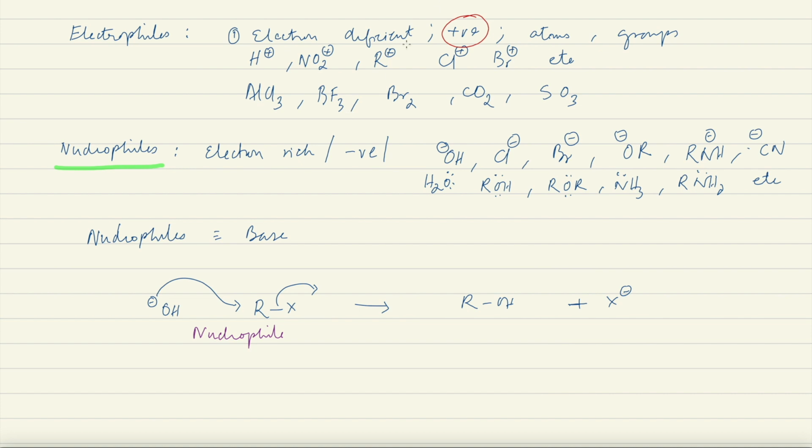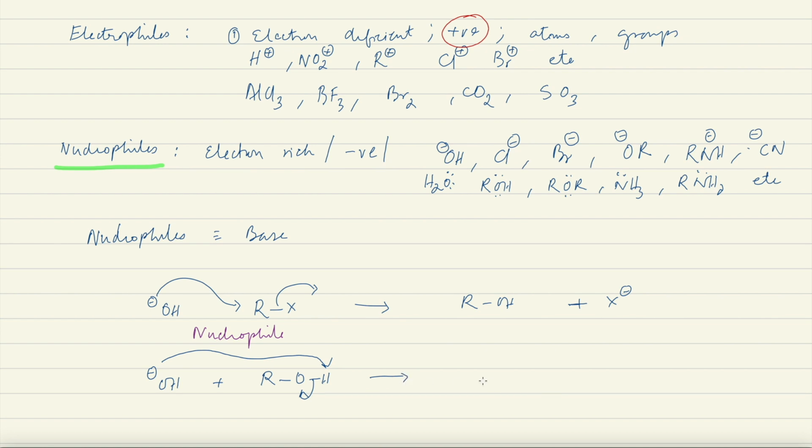But if, say, OH minus, which is also a very strong base, takes away one hydrogen ion, say for example from ROH or from any acid, so this is picking up this hydrogen ion.